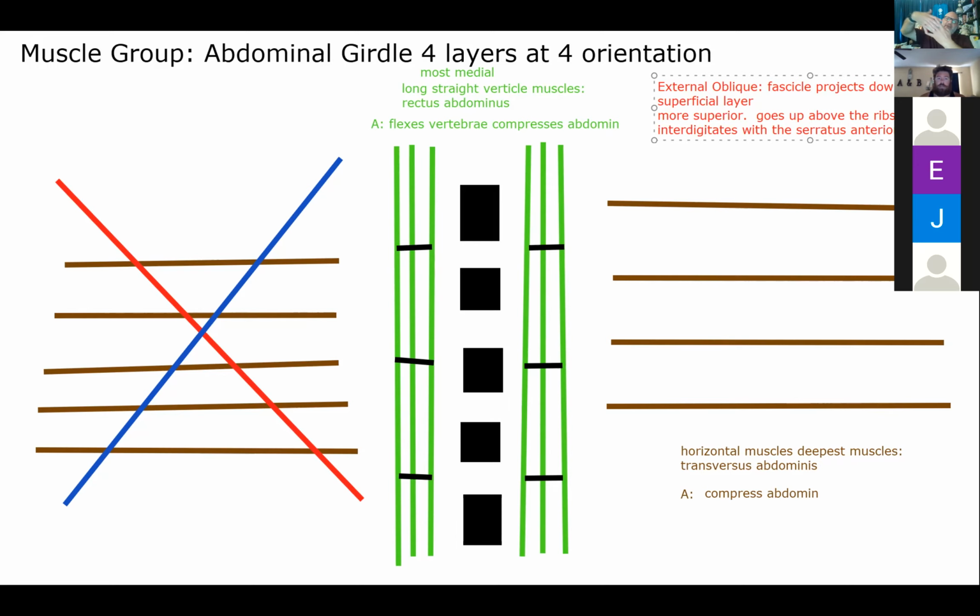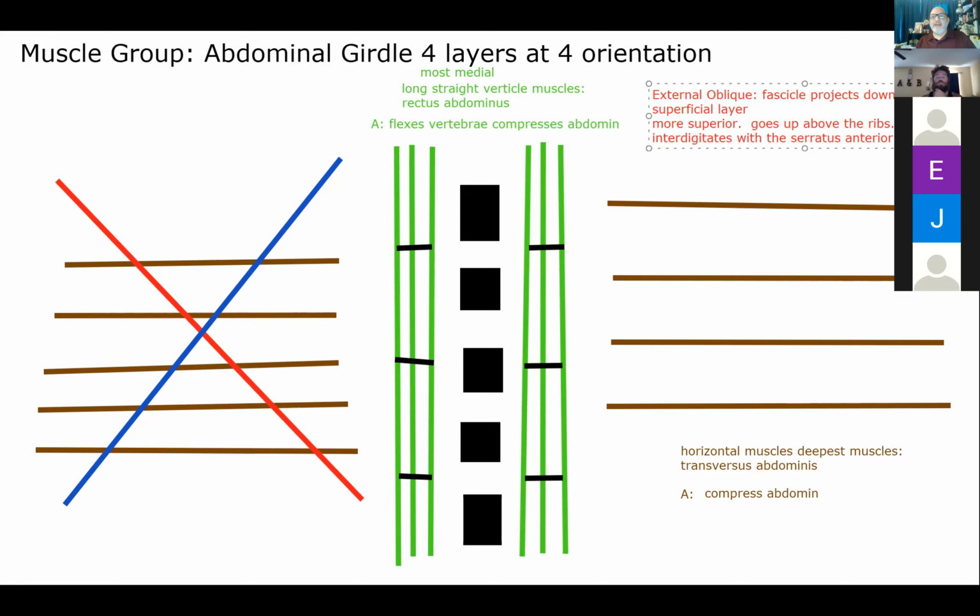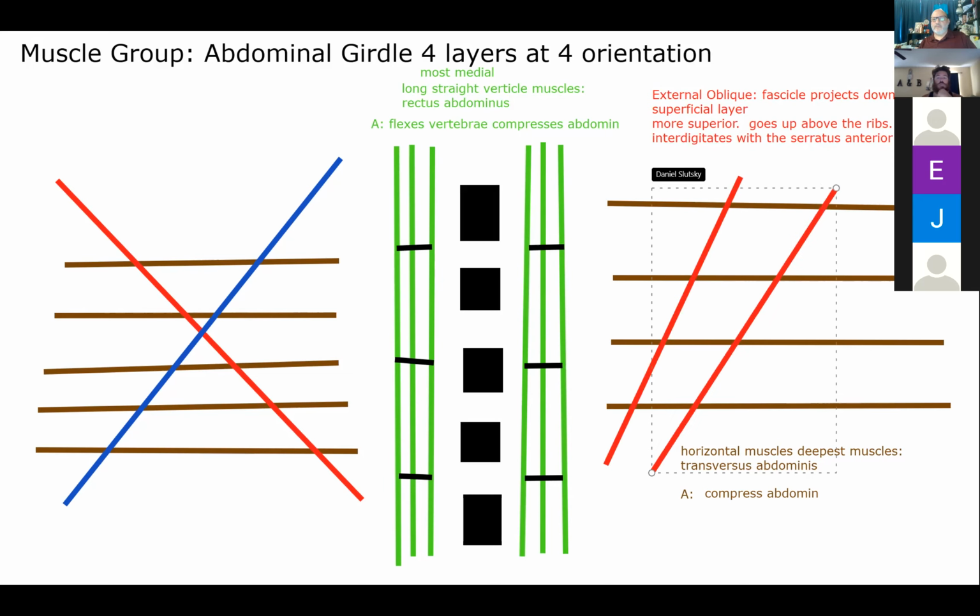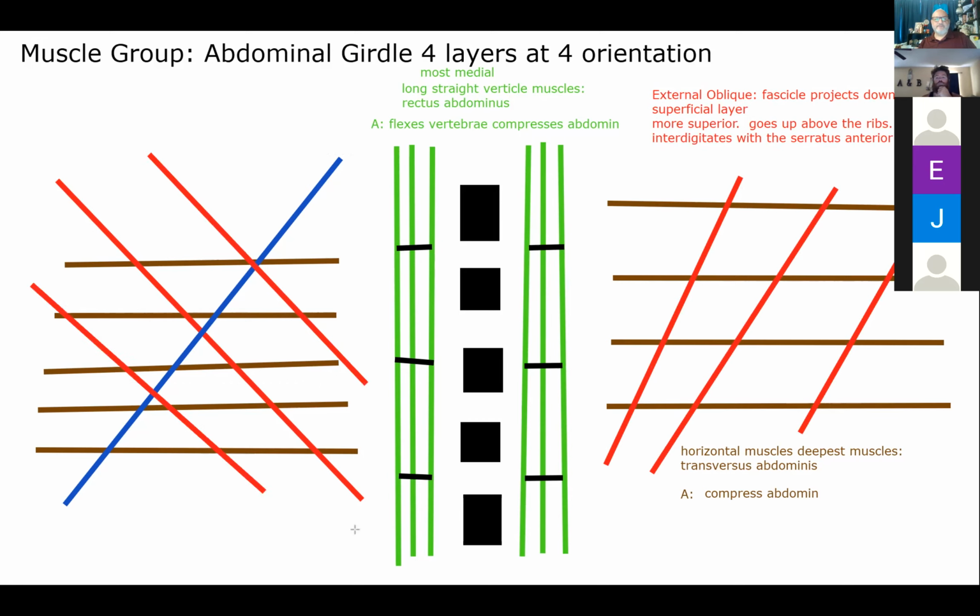Basically, it interlocks with. So the external oblique comes up to where the serratus anterior are, and they, like your fingers, interdigitate, overlap, interlock. And their fascicles go down and in. So on this side, that's this way. On this side, that's that way.